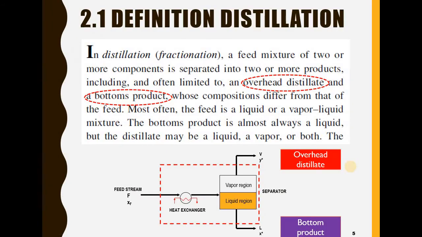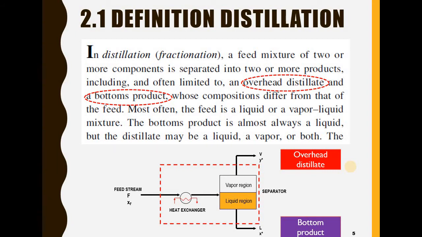Next, let's see what the definition of the distillation process actually is. In the chemical industry, distillation process is very common and very important. As I mentioned in chapter 1, for example we have crude oil.